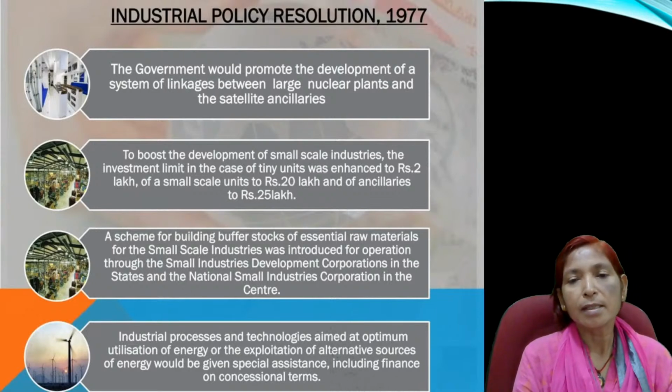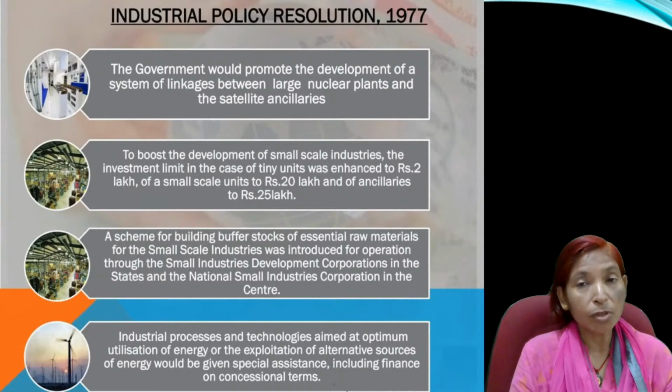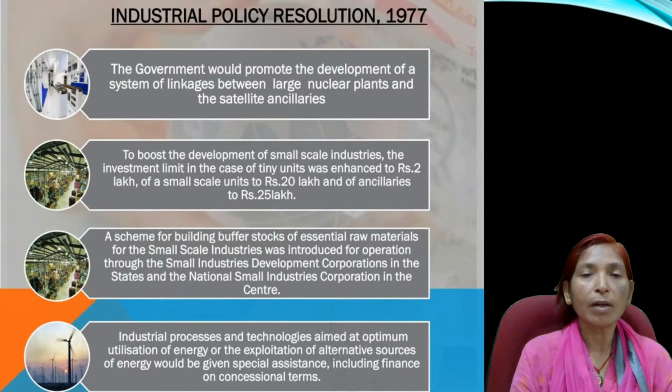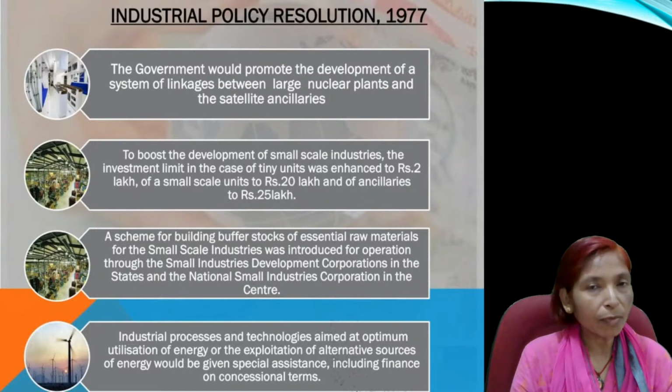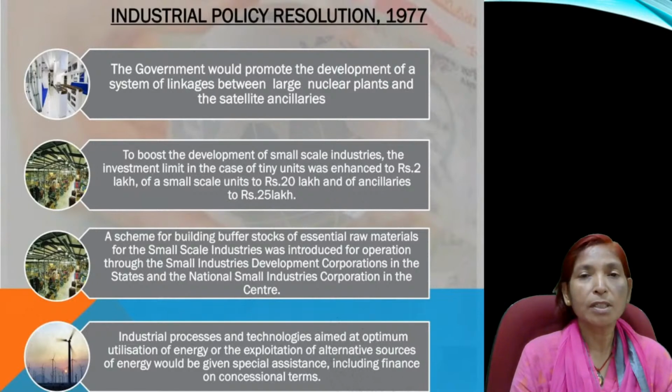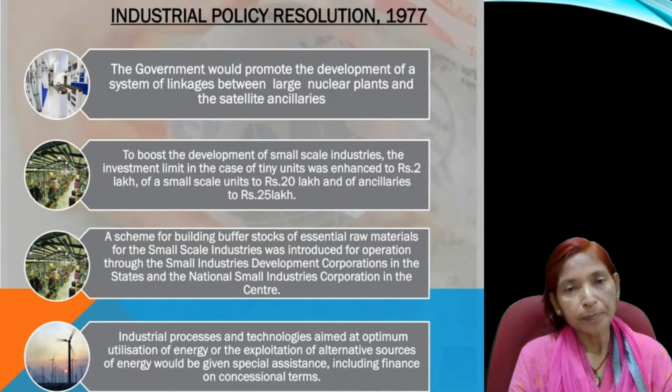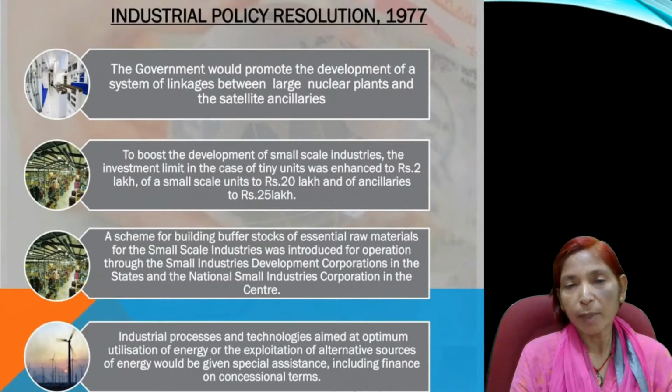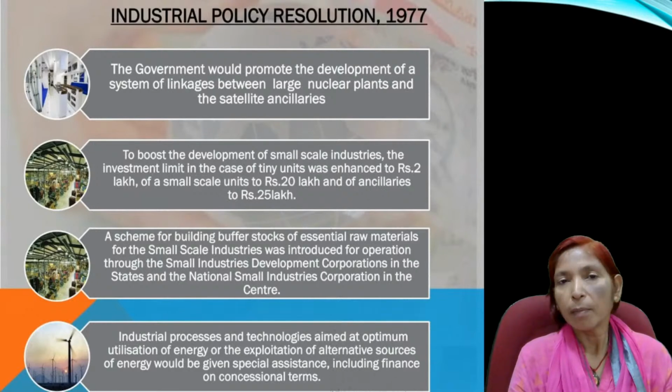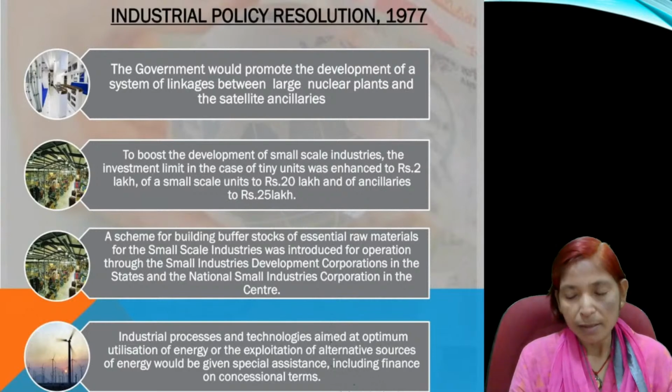All these things mainly focus on small scale and tiny industries in this policy resolution, because we know that small scale and cottage industries are very necessary for the Indian economy, because they provide more employment opportunities to the country's people. They generate employment because they use less capital and more labor intensive technologies.